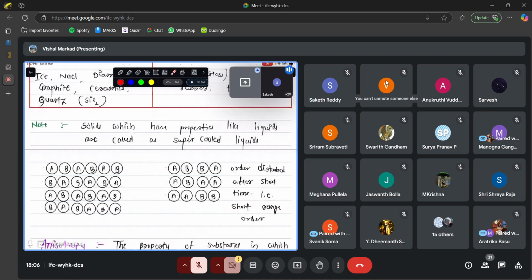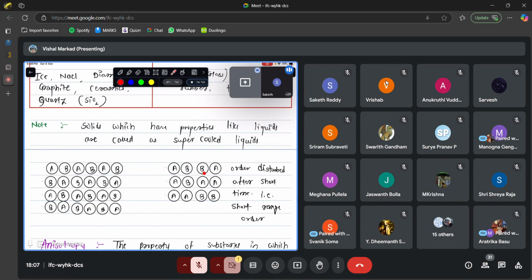When it comes to amorphous, now look here. A, B is there, again B, again A. So here it is a random arrangement. A, B. Now we expect that again A or again B should come, to have the same as the first row. But here again it is different: A, B and A. So the arrangement of atoms is not proper.